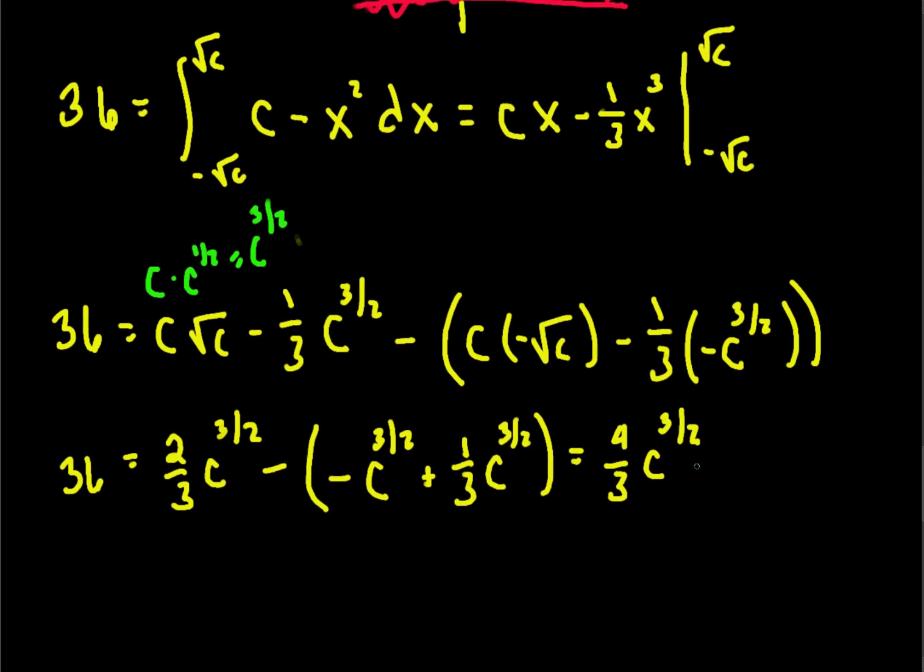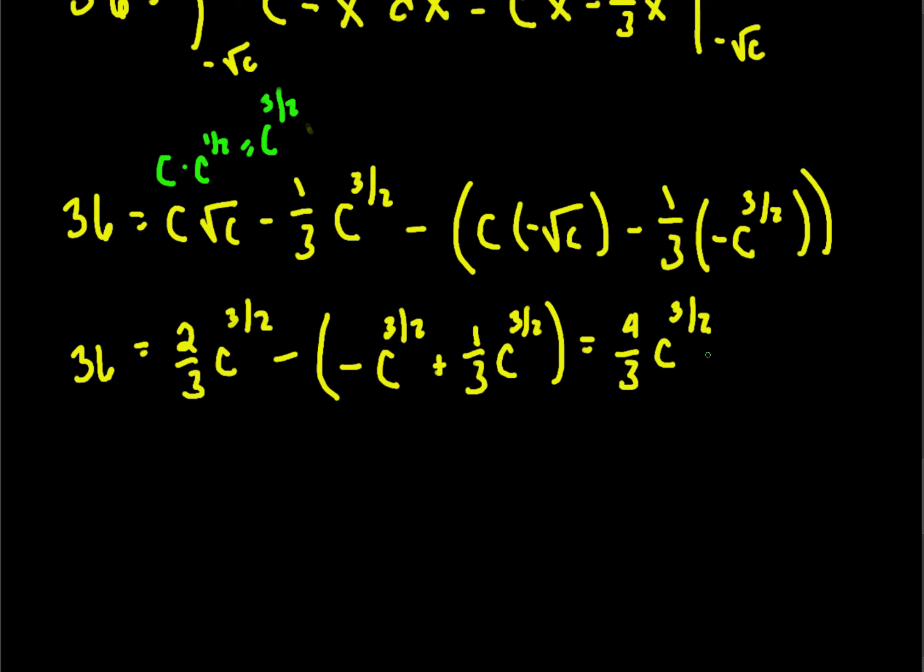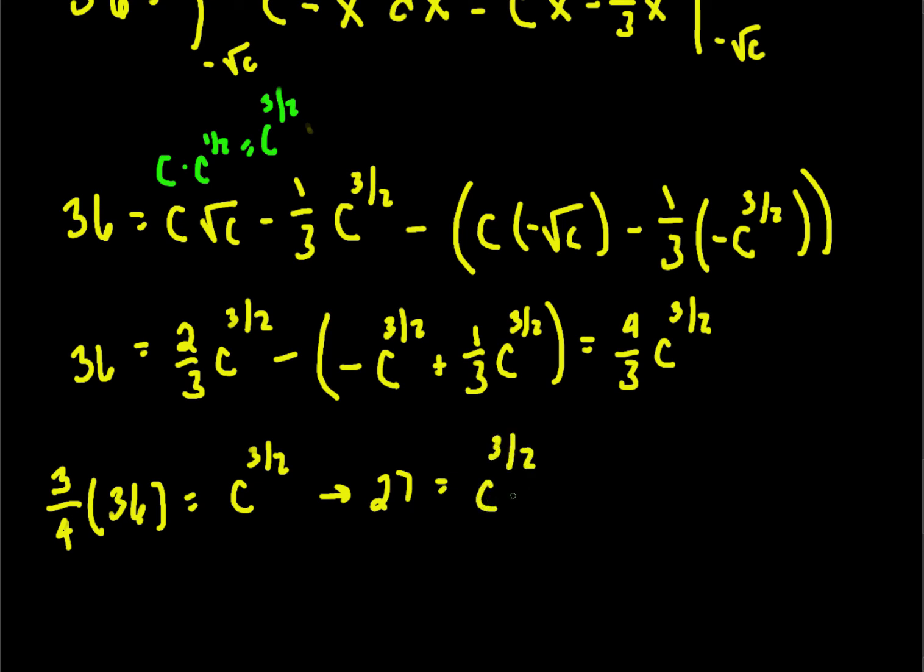And so then solving for c, 3/4 times 36 is equal to c to the 3/2, which is 27. 27 is equal to c to the 3/2.